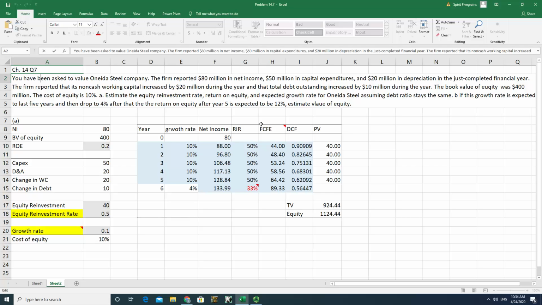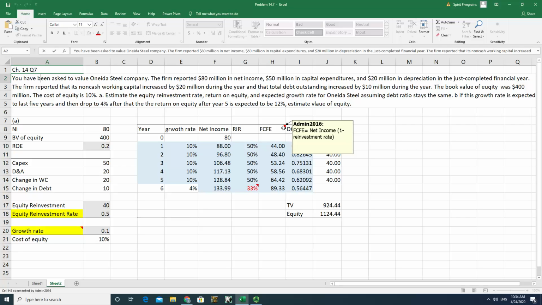So this question actually challenges you regarding the alternative way to estimate the free cash flow to equity. So let me give you a little hint here. Free cash flow to equity could equal net income times 1 minus the equity reinvestment rate.